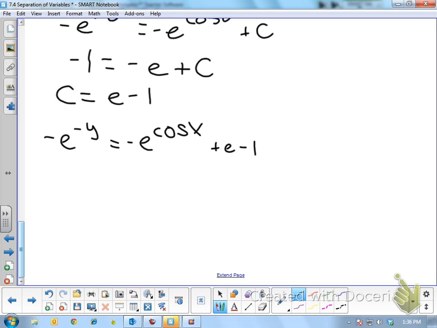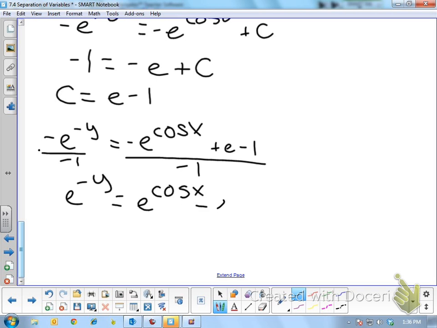Let's get rid of the negative in front of the e. So how can we get rid of the negative in front of the e? Divide everything by -1. And the reason we want to do that is because as soon as we have e completely alone, what can I do to get rid of e?